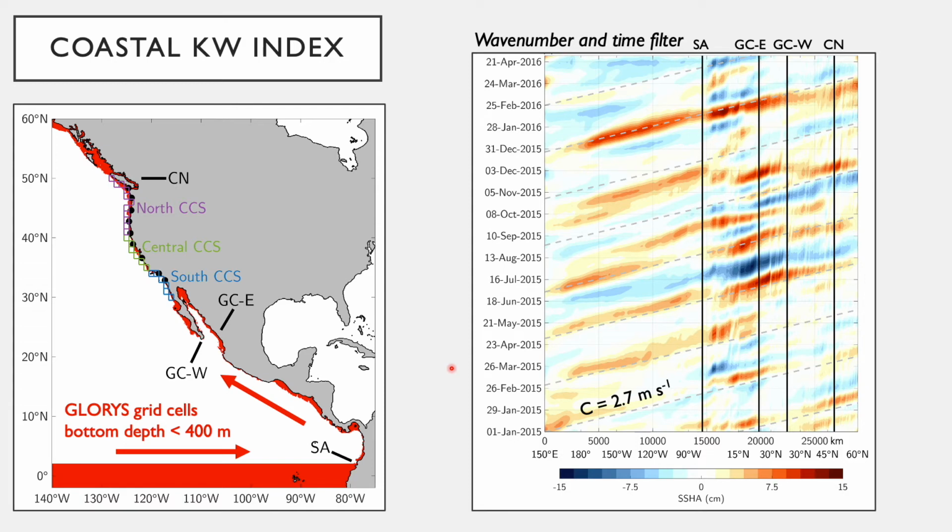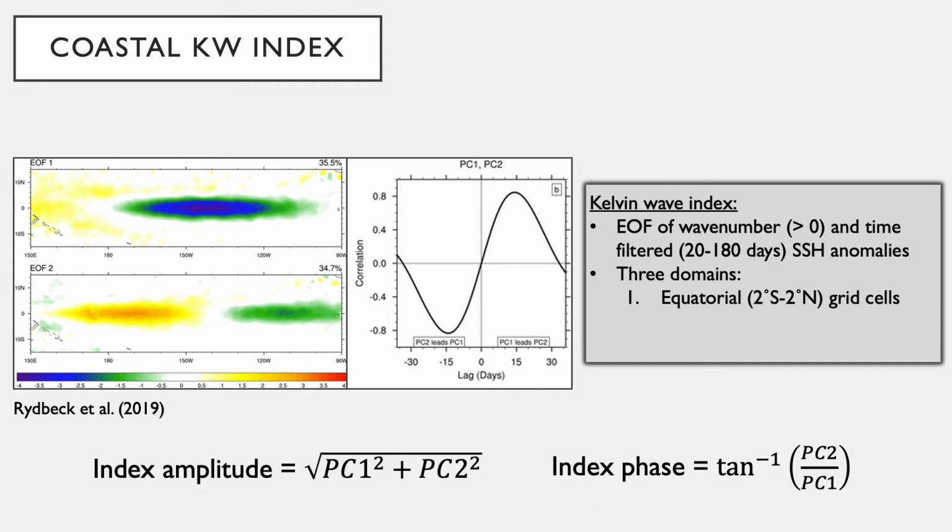And so now we're going to be able to use this 2D physical space to calculate a coastal Kelvin wave index using a variety of different EOF methods. And this EOF analysis will represent the extension of some previous work done by Rydbeck et al. in 2019, in which they took the first two EOFs of wavenumber and time-filtered sea surface height anomalies in the equatorial Pacific along 2 south to 2 north.